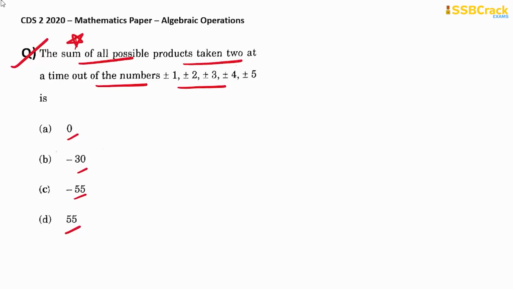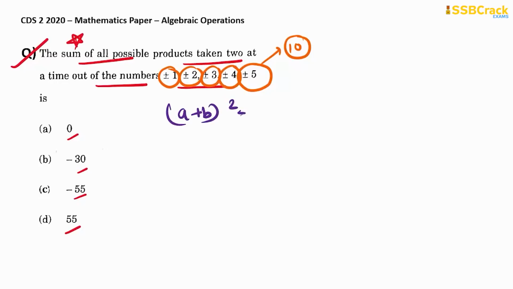So here we are given plus 1, minus 1, plus 2, minus 2, plus 3, minus 3, plus 4, minus 4, plus 5, minus 5 as the given 10 numbers, right? And we are required to find the sum of the product of two numbers taken at a time. For that we need to use some algebraic expressions. Firstly, we know that a plus b whole square is equal to a square plus b square plus 2ab, right?